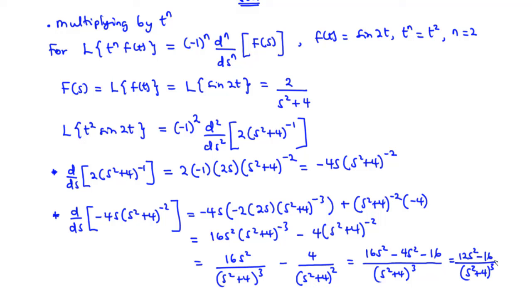So this is the second derivative of this Laplace transform. Now we are going to multiply this by 1, and that is still the same expression. So the Laplace transform of this function is equal to (12s squared minus 16) all divided by (s squared plus 4) all cube.